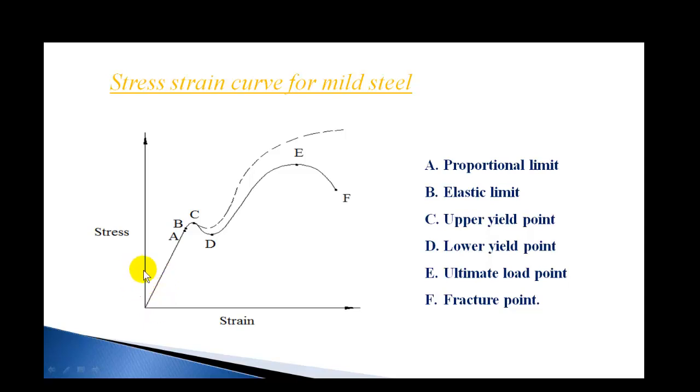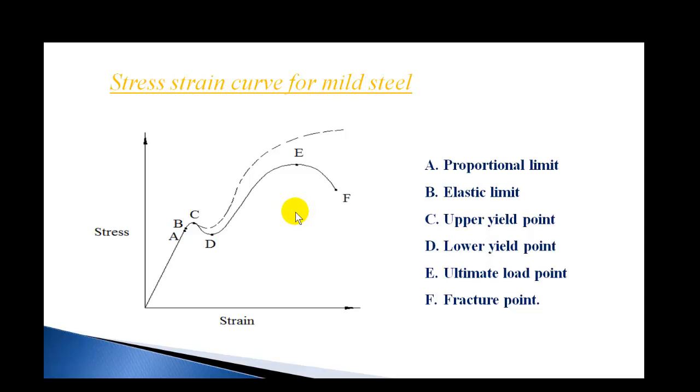Corresponding to a stress you get a strain and you get a point here. Similarly another value of stress and strain will give another point. Plotting these you will get the stress strain curve, and the solid line represents the nominal stress strain curve.